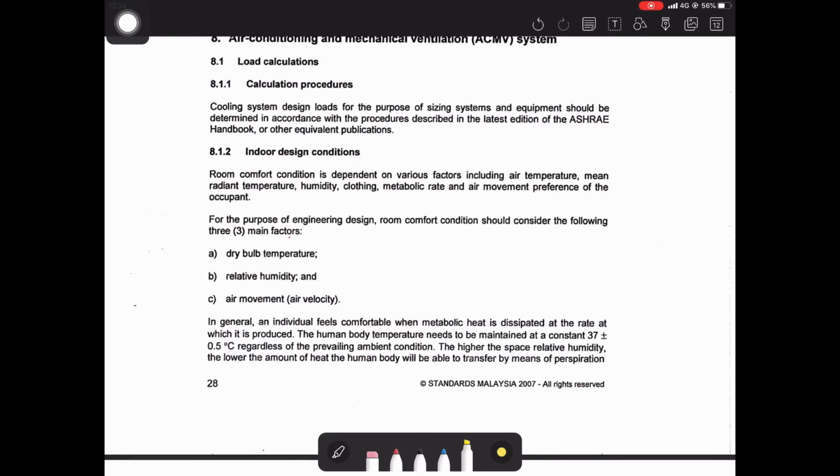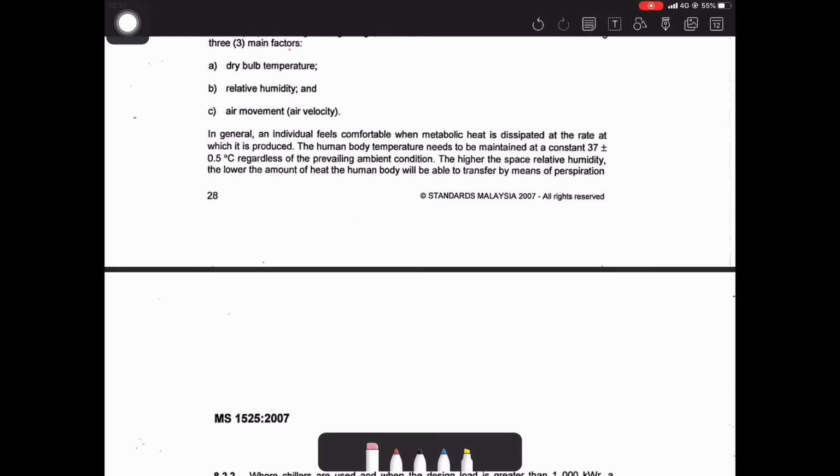The reason why we want to have thermal comfort is because we want to maintain the human body temperature at 37 degrees Celsius. If the dry bulb temperature is too high, the occupants will feel hot, while if it is too cool, also will not comfort the occupants.